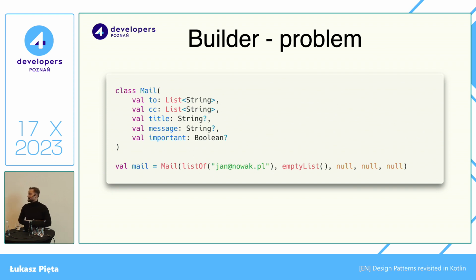So in Java, we've got this constructor and plenty of nulls in there because we don't want these non-required fields to be set. The alternative to this is to create as many constructors as we have combinations of creating an object. But it's also many lines of code, totally unnecessary, because who needs so many constructors? And the other thing, even if you have so many constructors, you're not sure which parameter means what. You've got two nullable strings. So which one are you setting right now?